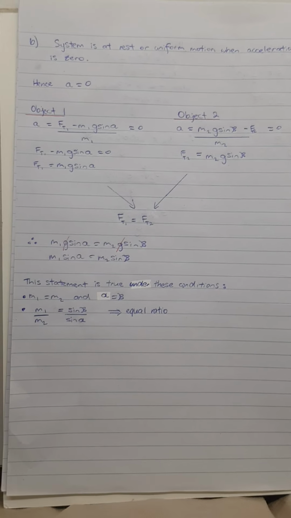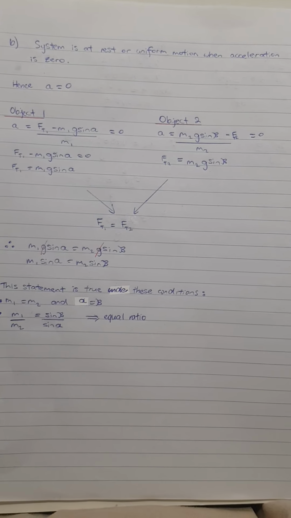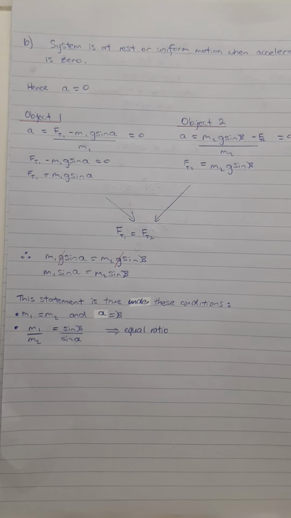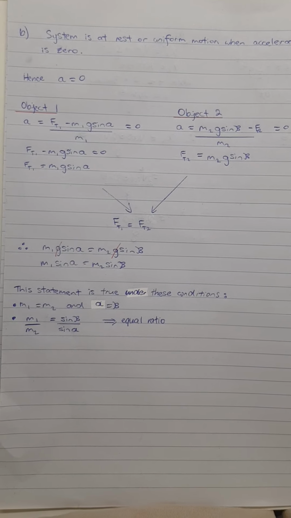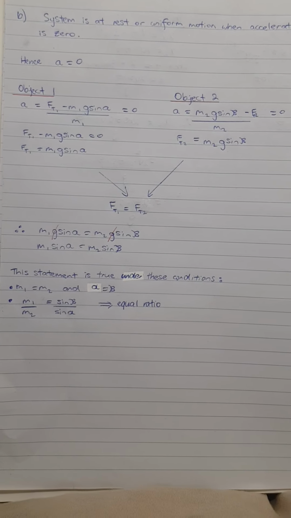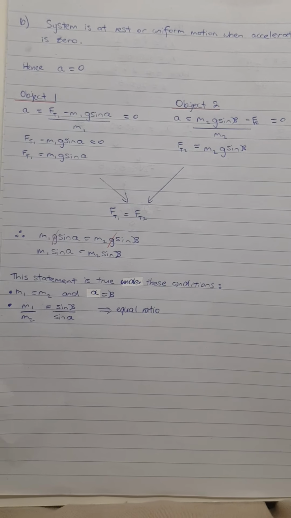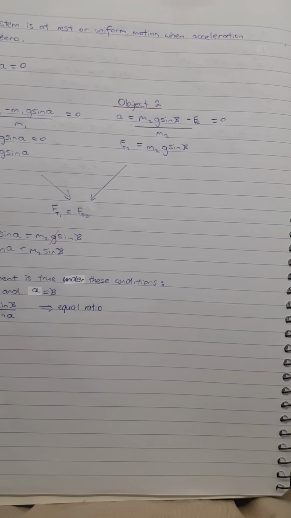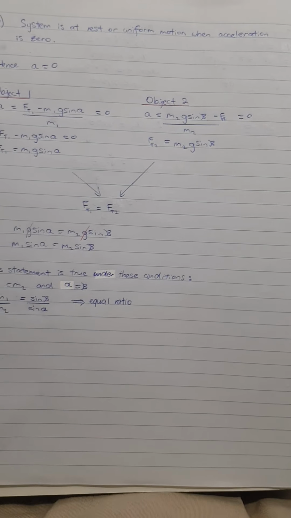So I can go through and set my two acceleration equations that I calculated before to 0 and then solve. For object 1, I get force tension minus m1 g sine alpha is equal to 0, so force tension equals m1 g sine alpha, just adding it to the other side of the equation. And similarly on object 2.